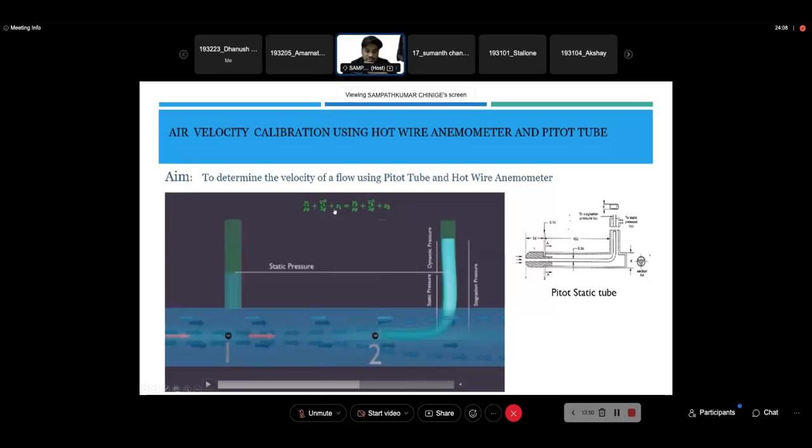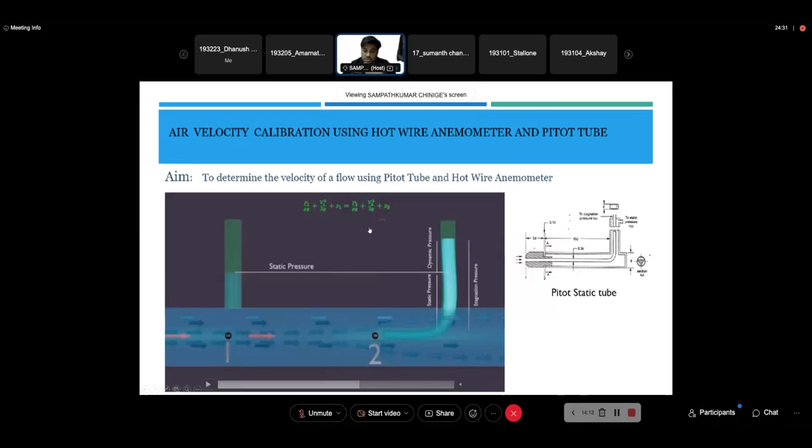When you apply this, you see that the potential energy remains constant because it is in the same line, so Z1 and Z2 get cancelled out. Whatever flow comes in, the velocity head is completely converted into pressure energy, the stagnation pressure P2.